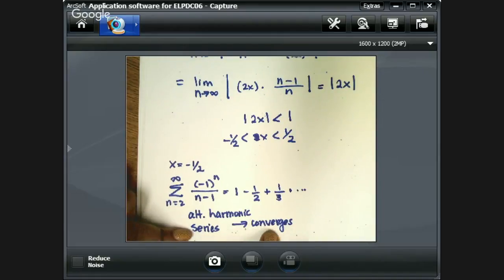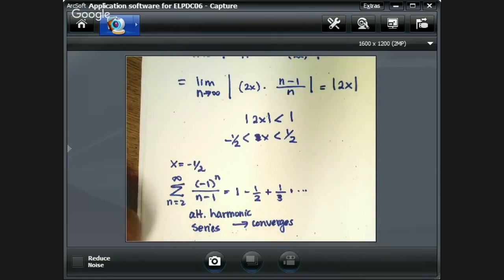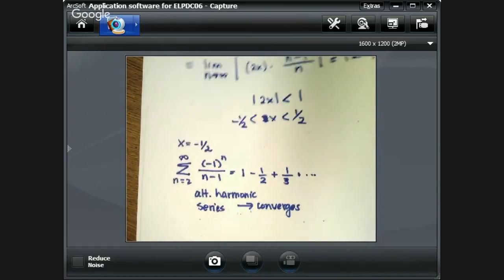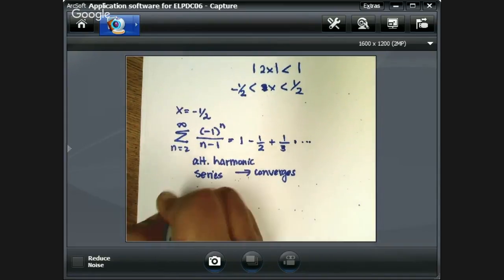But you do have to say it converges and give a reason. Now, that reason might be because it's a special kind of series, like it's alternating harmonic or harmonic. Or, especially in this case, I could have done the alternating series test and shown that it was convergent. Now I'm going to look at what happens when x is equal to +1/2.